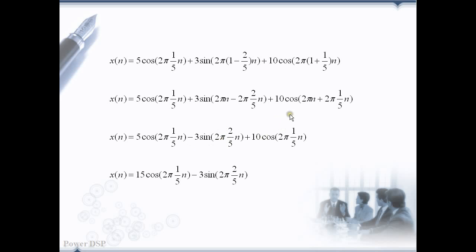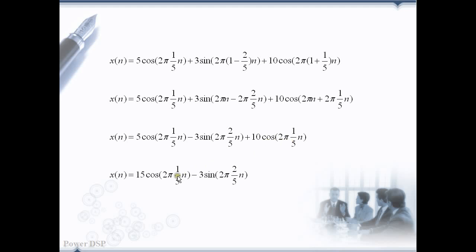Similarly, cos(2 pi n plus theta) is equal to cos theta. We can write the term 10 cos(2 pi n plus 2 pi 1 by 5 n) as 10 cos(2 pi 1 by 5 n).